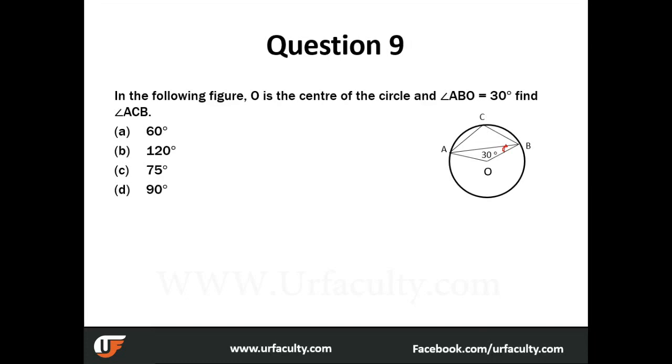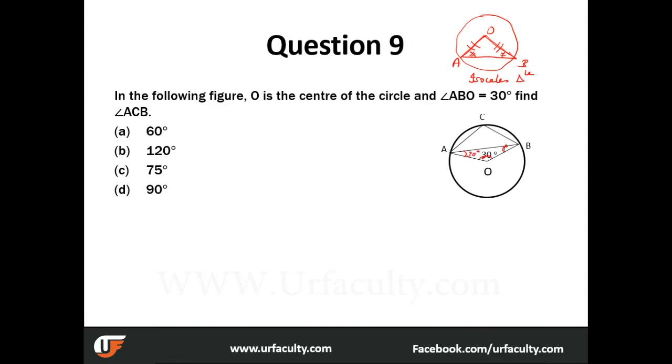Remember, the moment a circle is given and two lines are drawn from the center to the circumference, you can assume these two sides are equal because they are the radius, and the angles formed will also be equal. Because this will form an isosceles triangle, this angle is also 30 degrees.